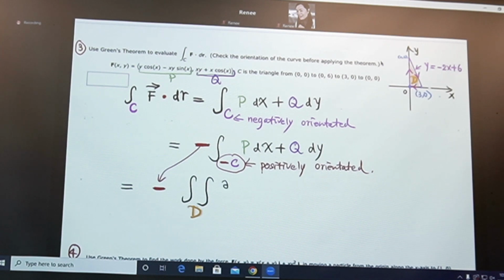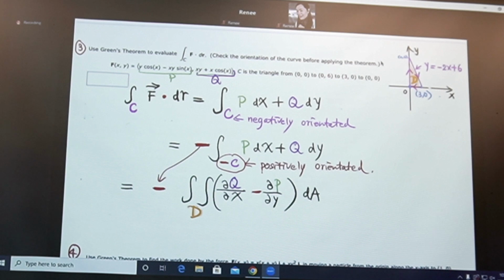Partial of Q with respect to x. Got it. And then plus or minus? Minus. Yes, minus what? The partial derivative of P with respect to y. Okay, and then here dA.